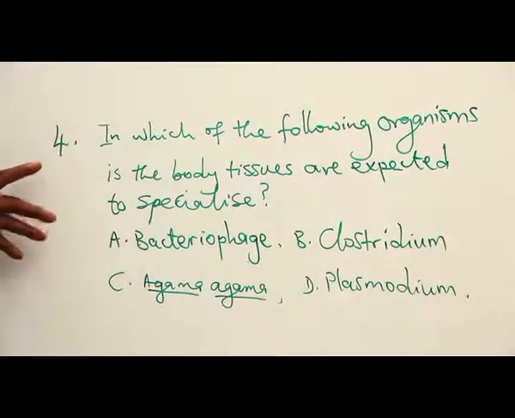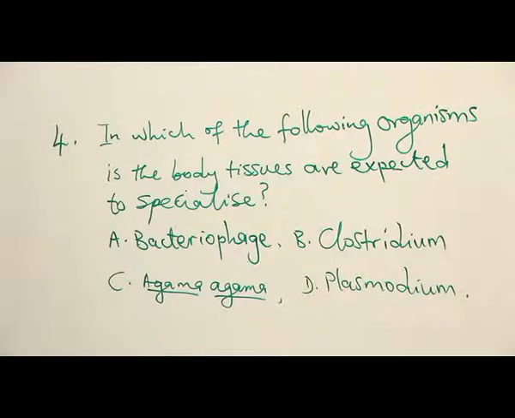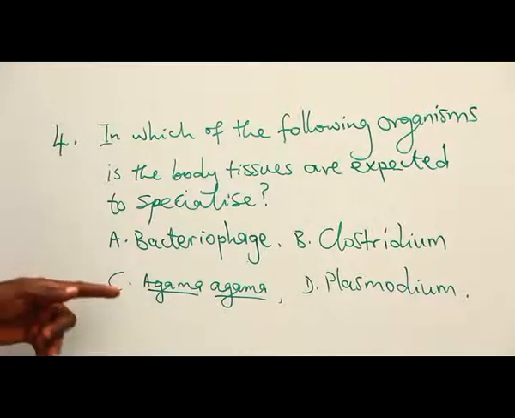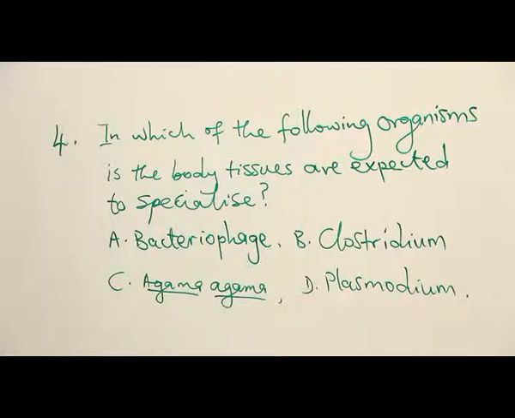So the one in which we see tissues and organs specialized is Agama, where we have the brain performing its work, the skin performing its work, the kidney, and so on. So the answer to question 4 is option C, Agama.